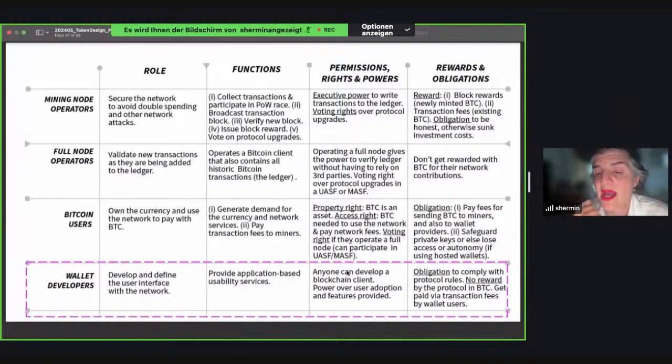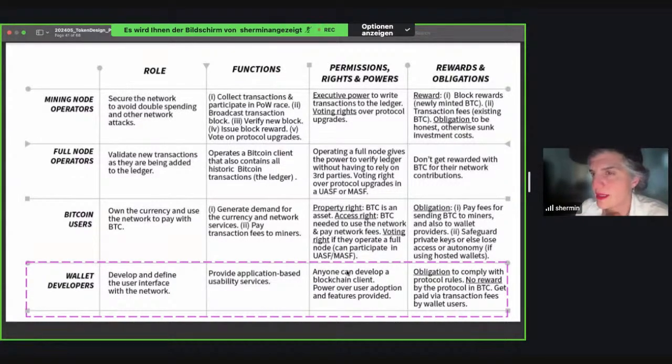Depending on how the client is designed, they can also manipulate Bitcoin users to pay more or less fees, because the user interface is visually designed to maybe incentivize them to pay more fees, and so they have some market power there.